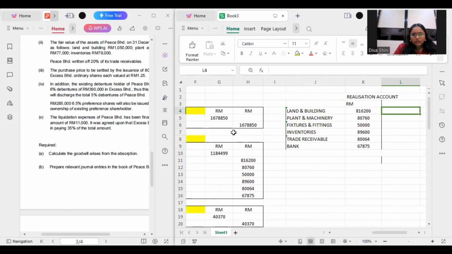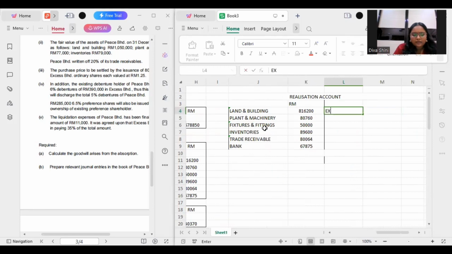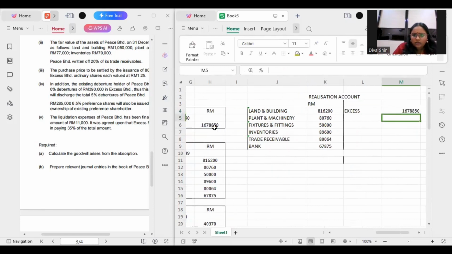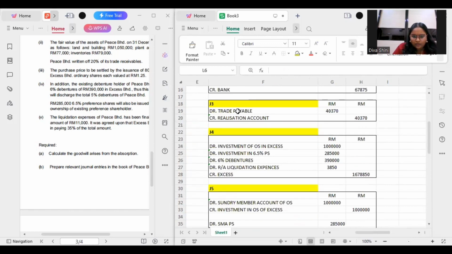So journal 1 realization account in debit, so we need to credit the excess. The amount is from journal 1, and then realization account trade payable we need to debit.